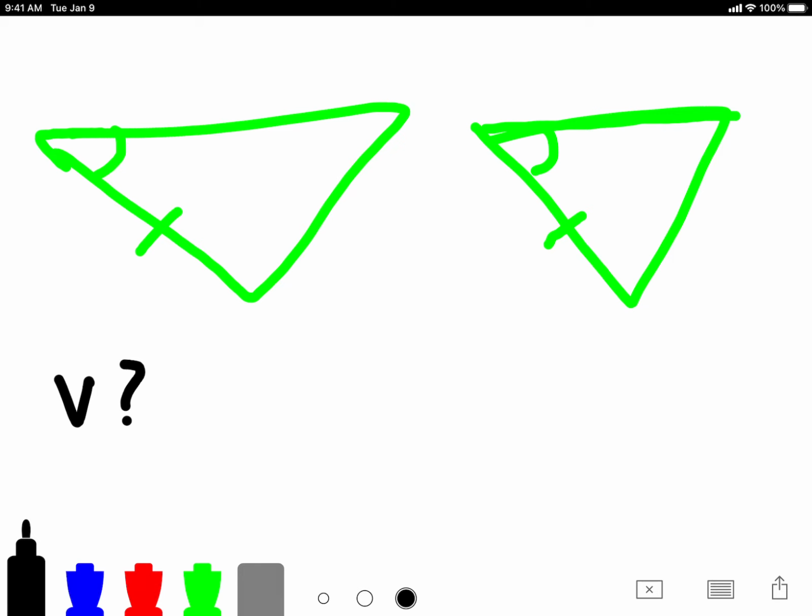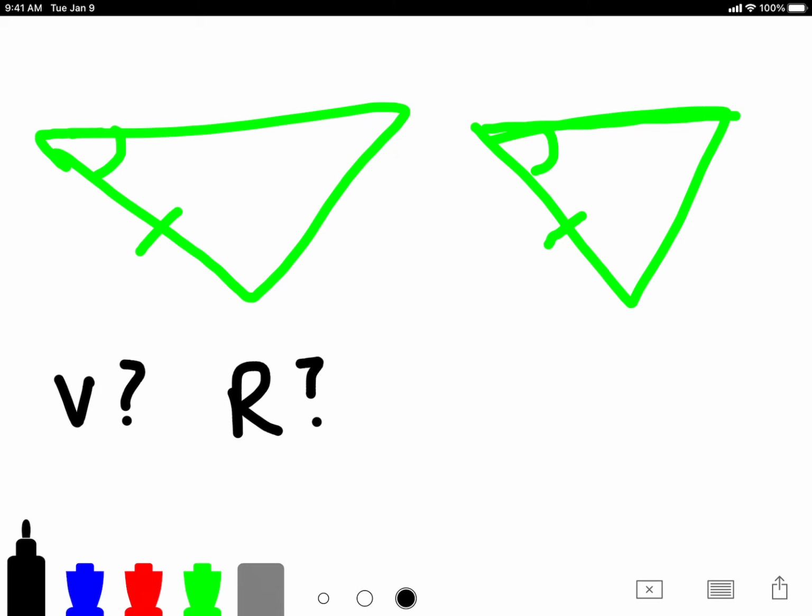Nope. There's no intersecting lines, right, that are making those kissing V's or those vertical angle pairs. Are there any reflexive sides? Sides that are shared by both triangles? No, there's none of that either.